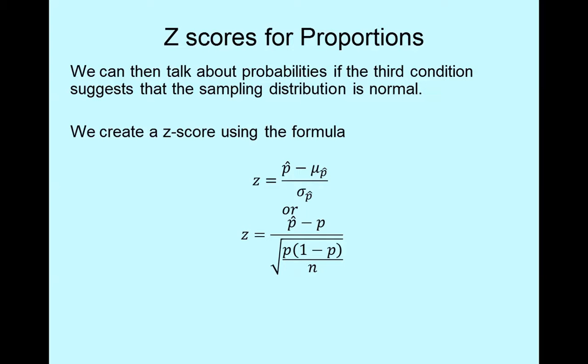The z-score would be the sample value p hat minus the mean of the distribution, mu sub p hat, divided by how spread out the values are, sigma sub p hat. Or substituting, z is equal to p hat minus p, because that was the mean, over the square root of p times 1 minus p over n, because that was sigma sub p hat.